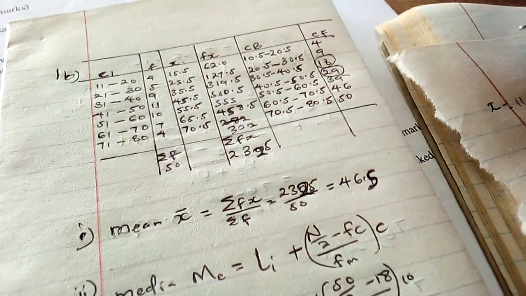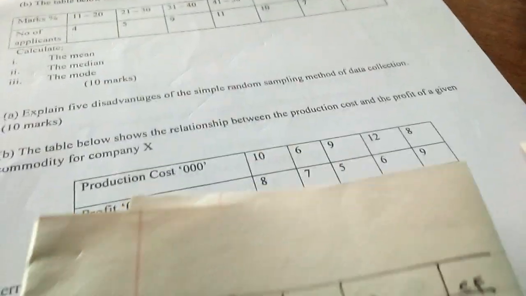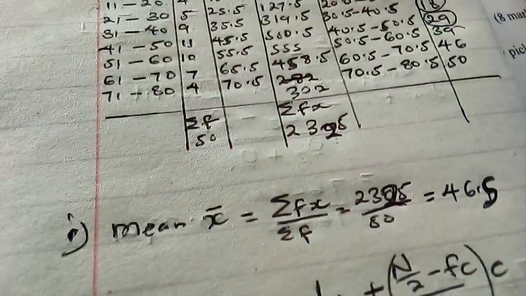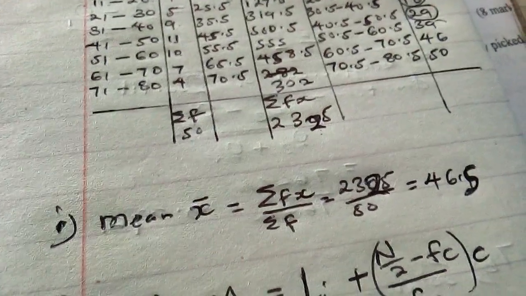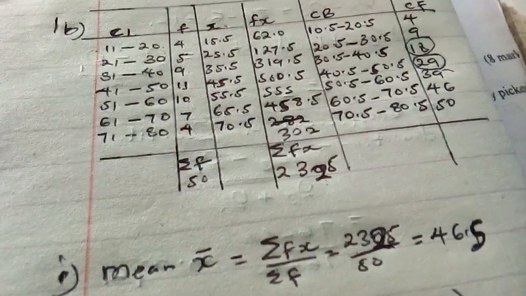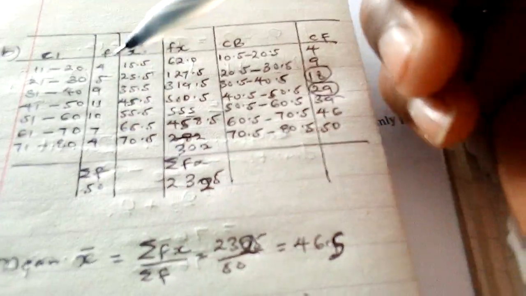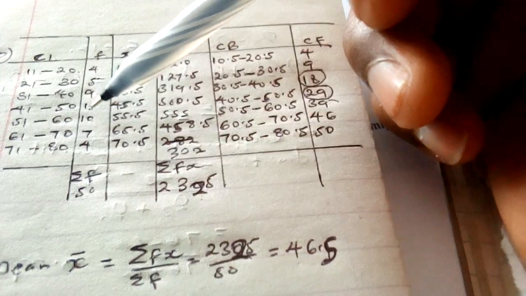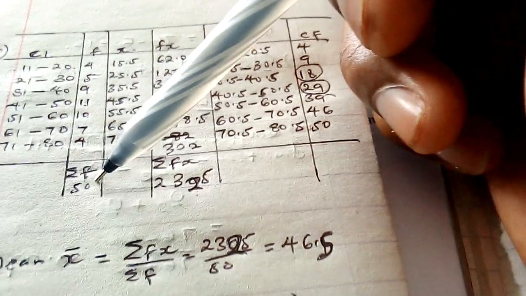as you continue. So to get our mean value, the mean value you get is as a summation of Fx over summation of F. So when you talk about summation of F, you're talking about this value, the total of this column, which is 4 plus 5 plus 9 plus 11 plus 10 plus 7 plus 4, which is equals to 50.